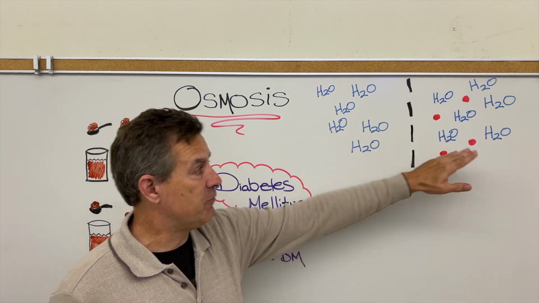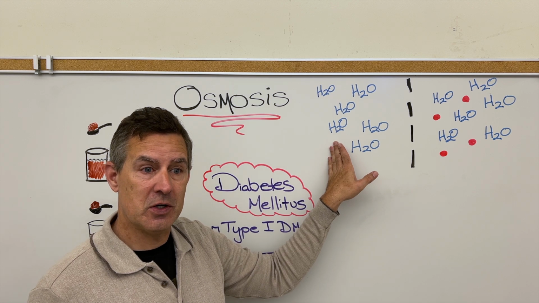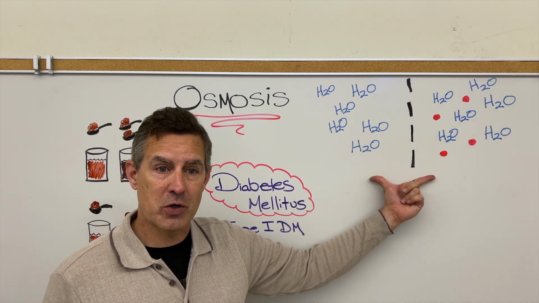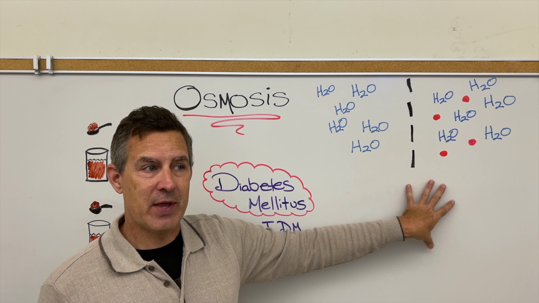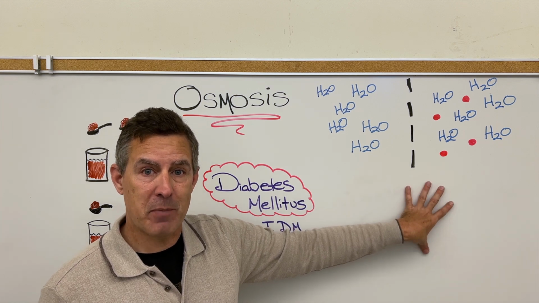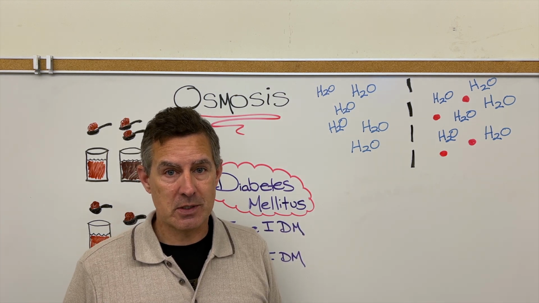And in this image, if 2 of these solutes moved over here, then we would have the same water concentration on both sides. So that's why the understanding of a selectively permeable membrane is important.